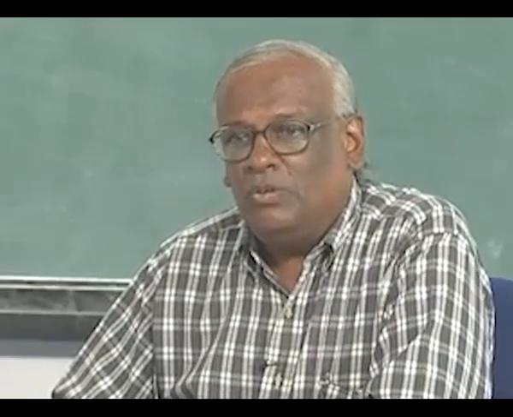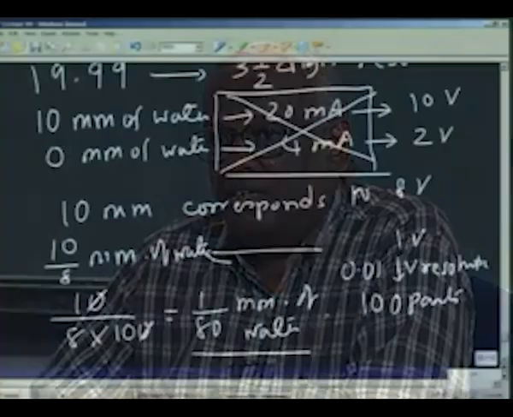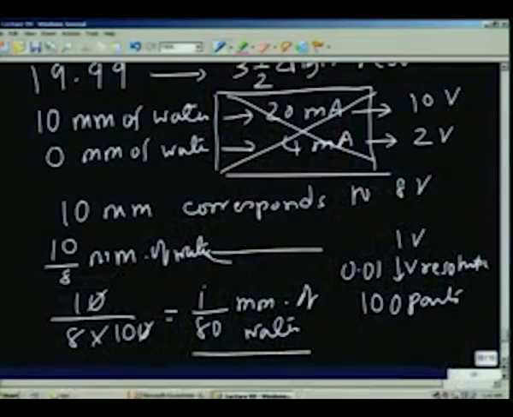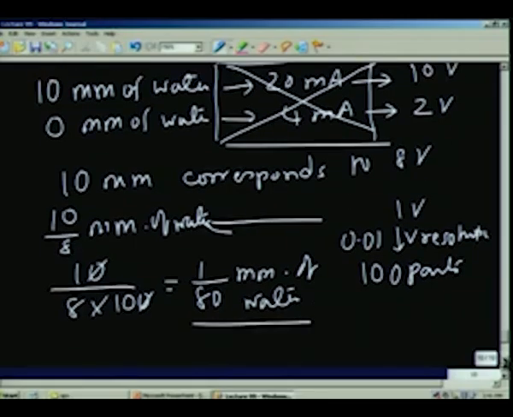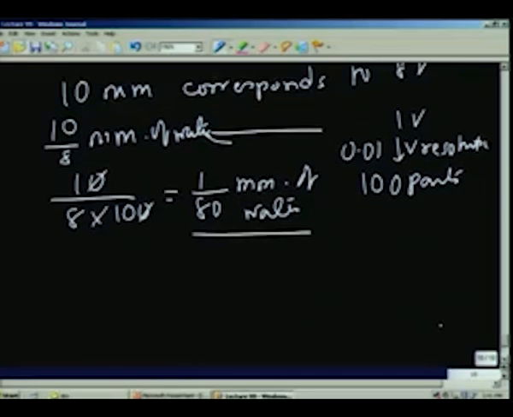Therefore, you see that in this particular case, by using a 4 to 20 milliampere current output and using 500 ohms as the load resistance, I can actually have a resolution of 1 over 80 millimeters of water column. That means that I can measure. So, you can now see this 1 over 80 millimeters of column must correspond to a certain velocity change.